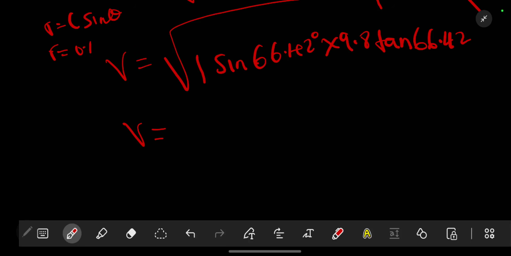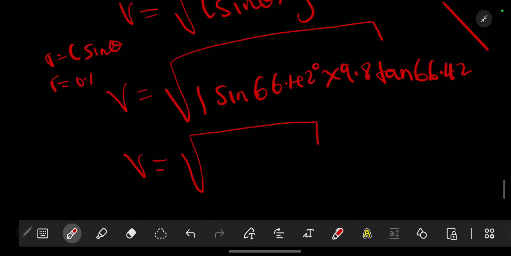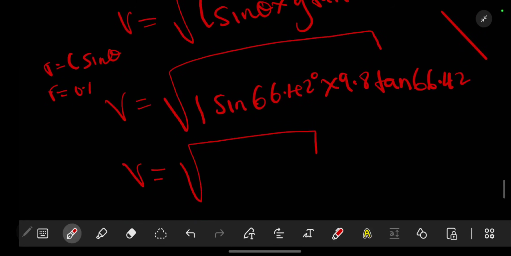Sine of 66.42 times 1, closing the brackets.